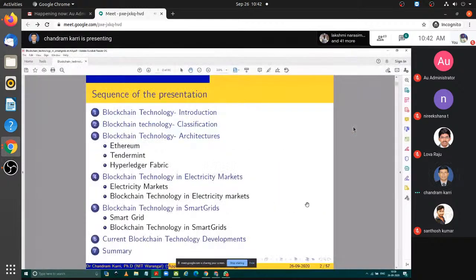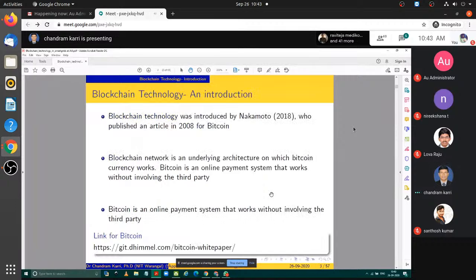Now, how this blockchain technology is helpful to monitoring of electricity markets and smart grids will be explained to you. Before going to that, see, the background for blockchain technology is Bitcoin. What is Bitcoin? The background for Bitcoin again is cryptography.